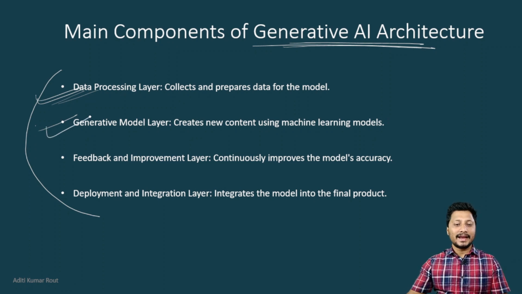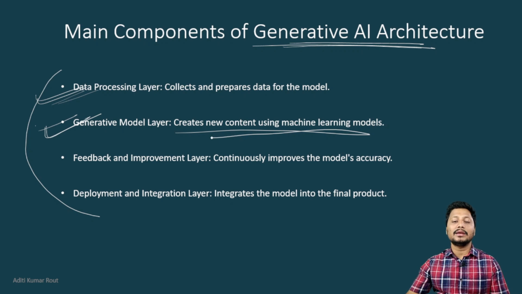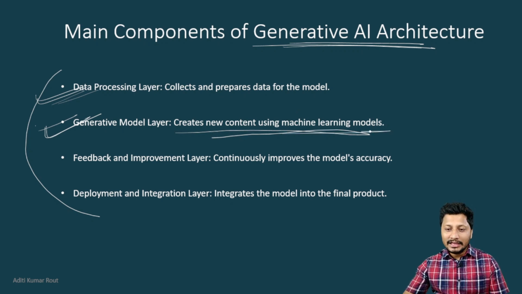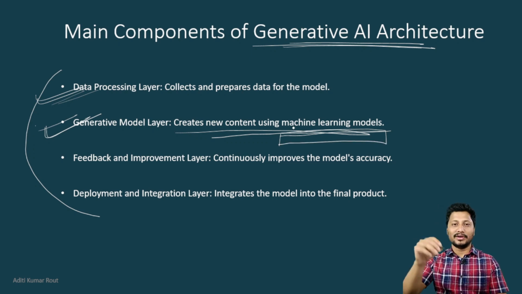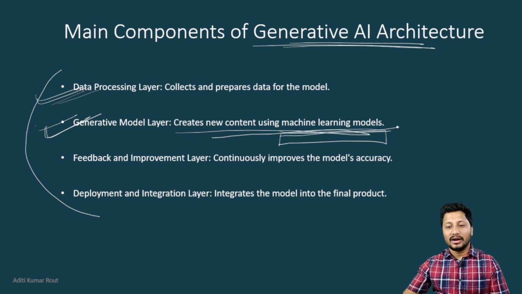Then the second is the generative model layer, where we are implementing a suitable machine learning model, or some advanced machine learning model, built based on our available data and what exactly our problem statement is. According to that, we are doing the modeling.